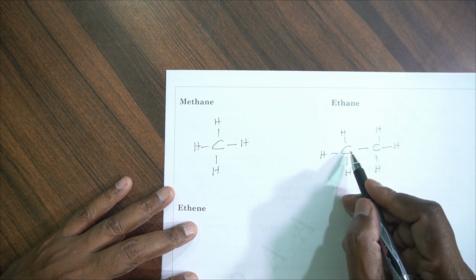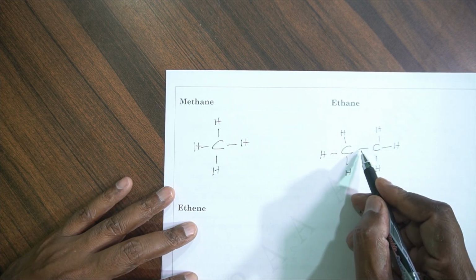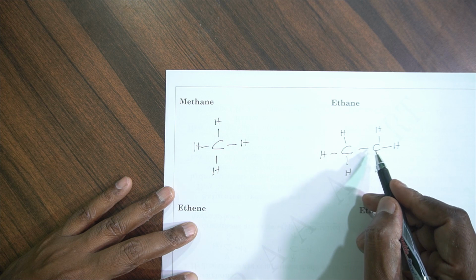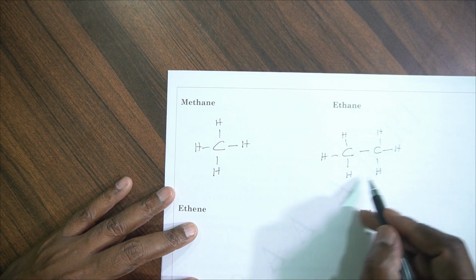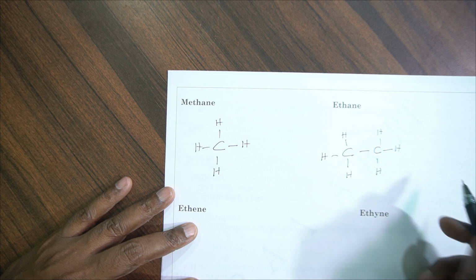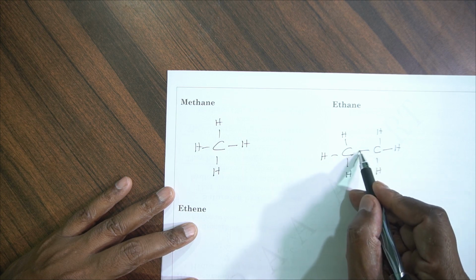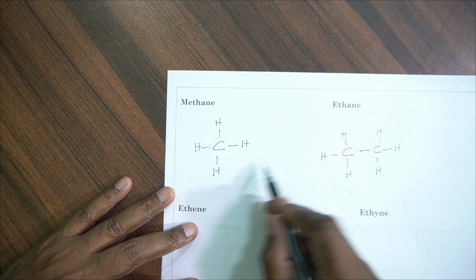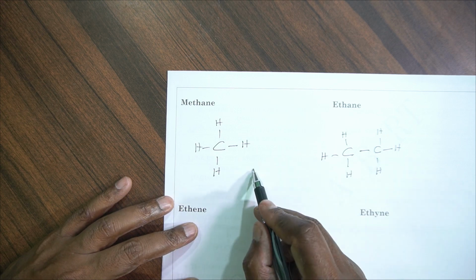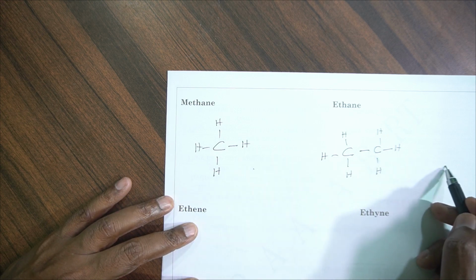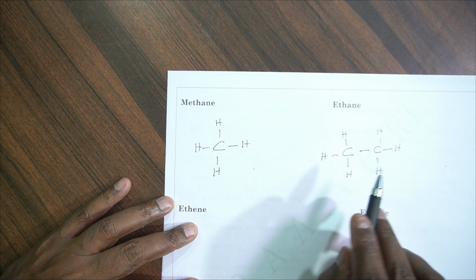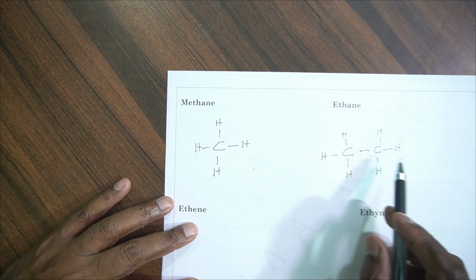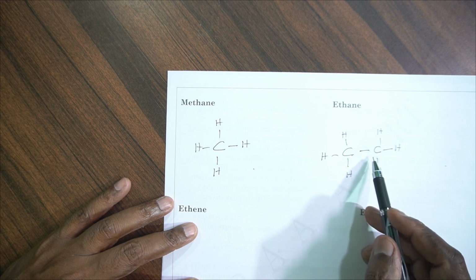Here each carbon has 4 bonds, 1 bond with another carbon, the remaining with hydrogen, 2 carbons and 6 hydrogens. So there are sufficient hydrogen atoms, and the bond between 2 carbon atoms is a single bond. So this is a saturated hydrocarbon. Methane and ethane are saturated hydrocarbons because they have a sufficient number of hydrogen atoms to satisfy the valences of carbon. There is a single covalent bond between the carbon atoms.